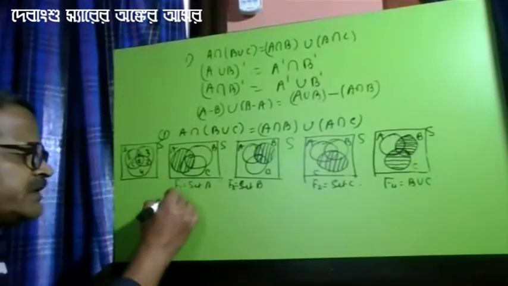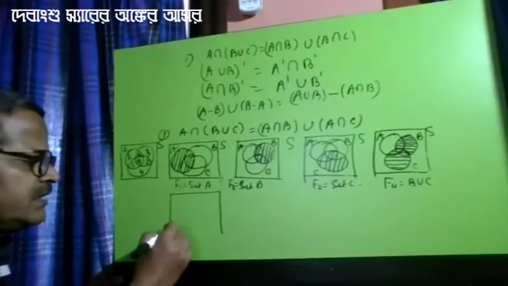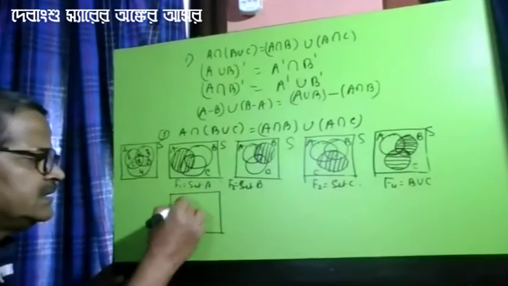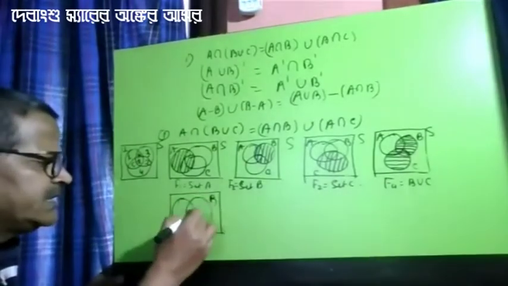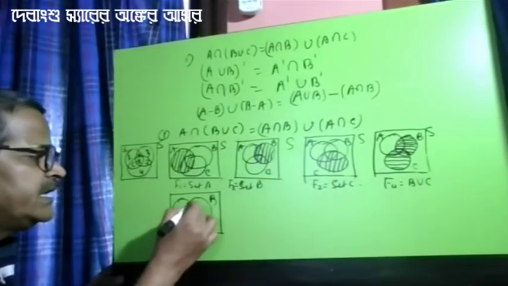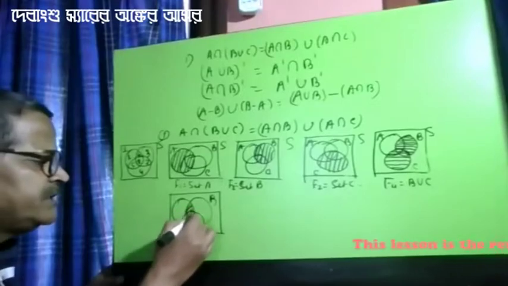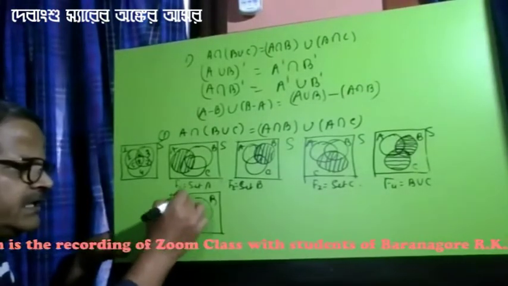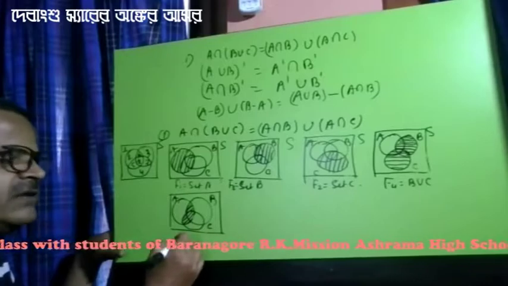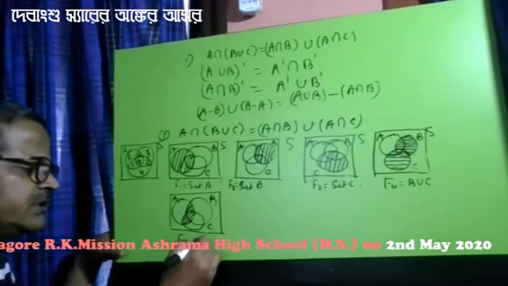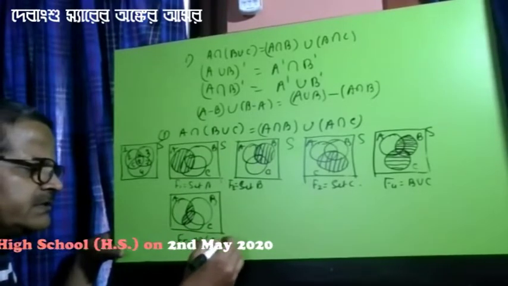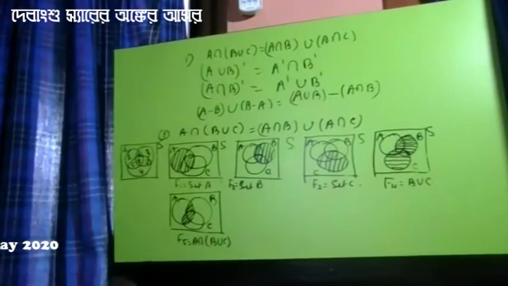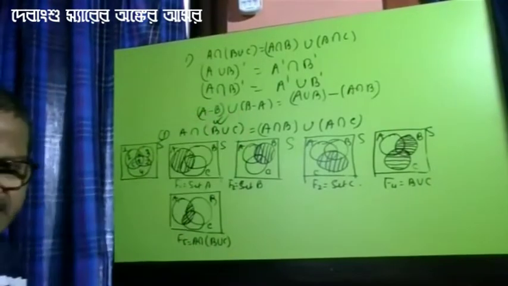So these two figures indicate that this is A, this is B, and this is C, then A intersection (B union C) is nothing but this portion. F5 is equal to A intersection (B union C). So this diagram is constructed.